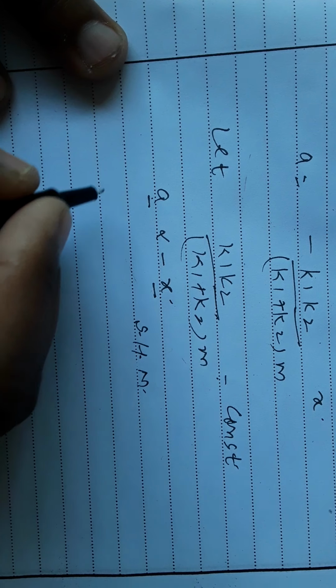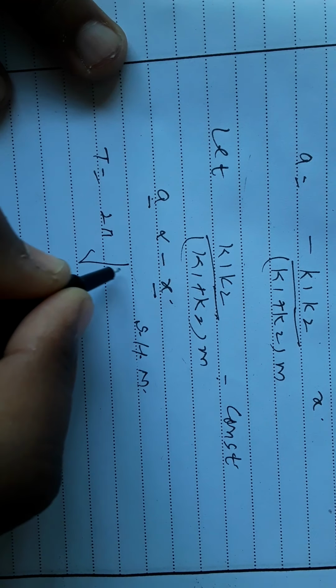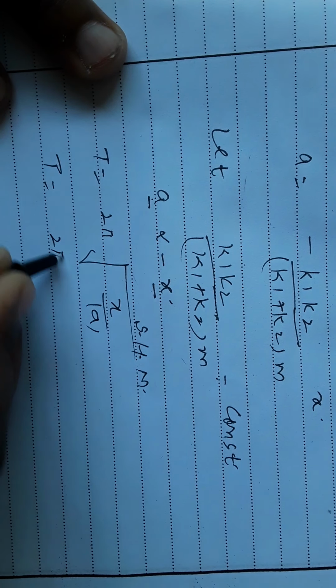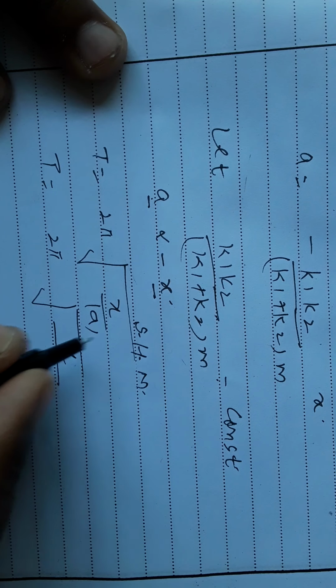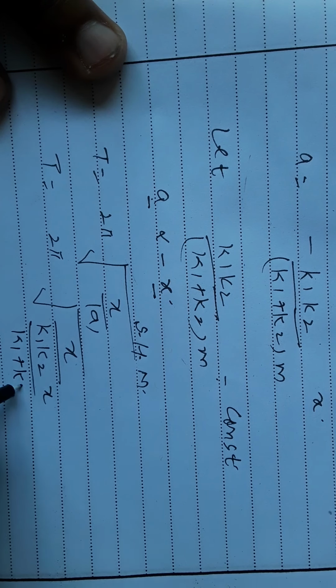If the motion is simple harmonic motion, we can calculate the time period T = 2 pi under root x by mod a, that is K1 K2 x by (K1 + K2) into m.